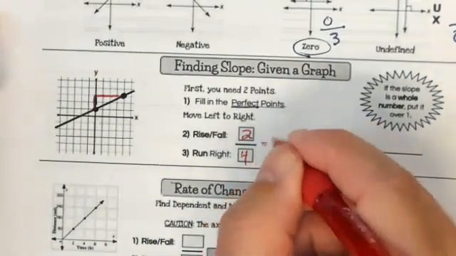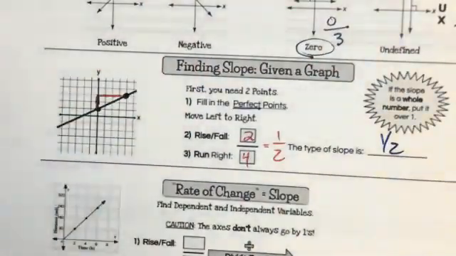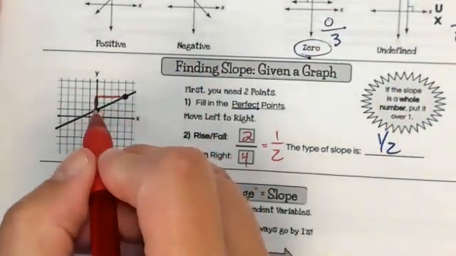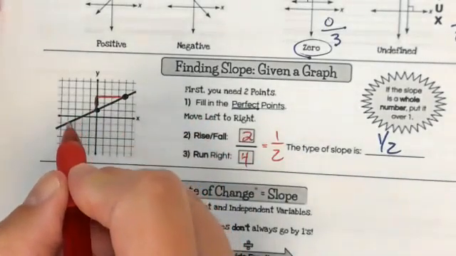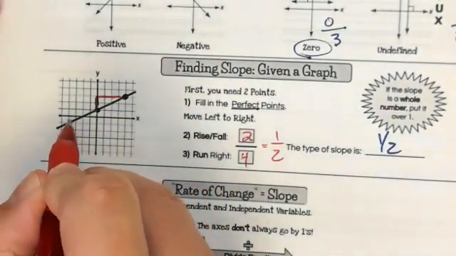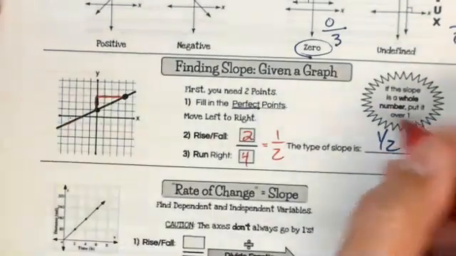Both of those are divisible by 2. So my slope is 1/2. And if you think about it, what it means is when I rise 1, I run 2. I'm back on my graph. If I pick any other point here, and I rise 1 and run 2, I am back on my graph. That's what that slope does to me.